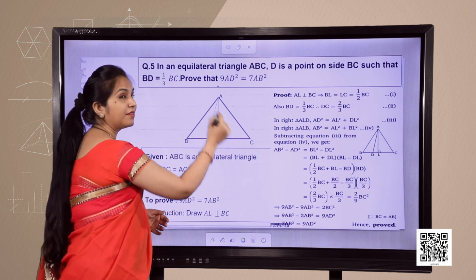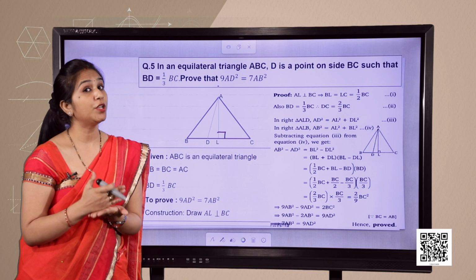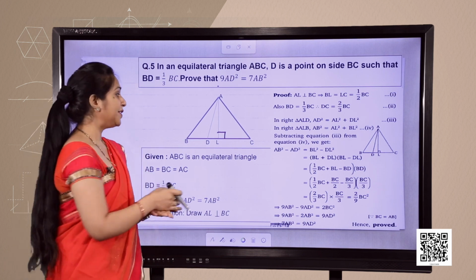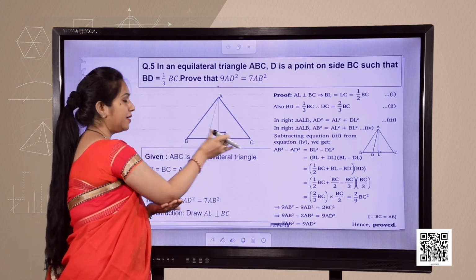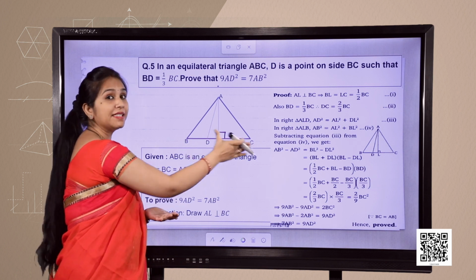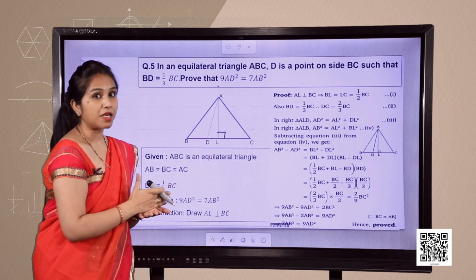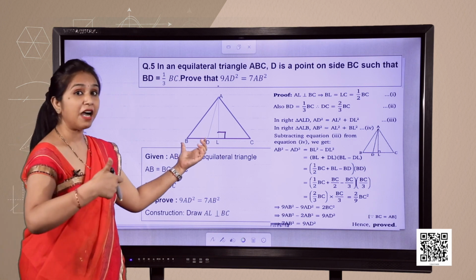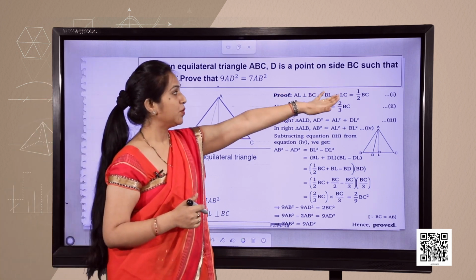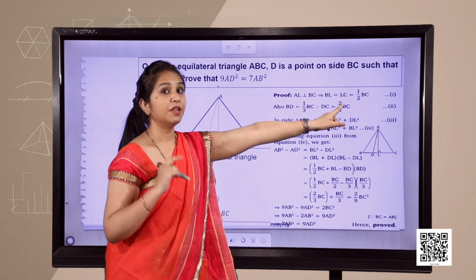It is a right angle triangle, which means it becomes a perpendicular bisector as well. So what can you say about BL and LC? No doubt it will bisect this BC into 2 equal parts. So BL will be half of BC. BL is equal to LC is equal to half of BC.